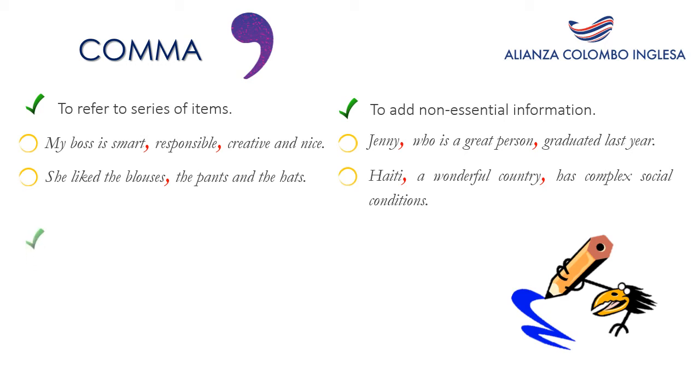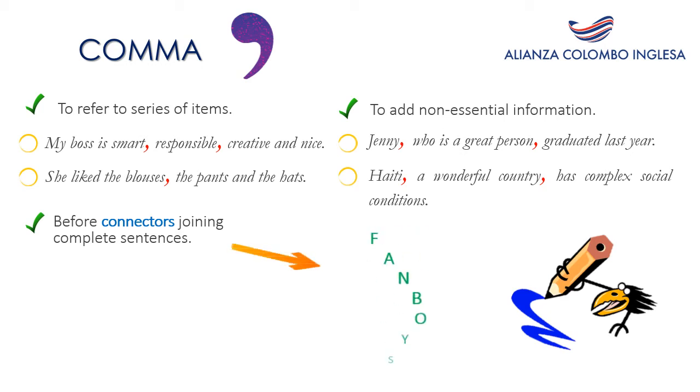Alright, a third one is whenever we want to use this to join two complete sentences, and when we do that we're using connectors, right? I wanted you to keep in mind a word which is FANBOYS, because that is an acronym that is going to help us to know which are the seven connectors that we have to use with commas.